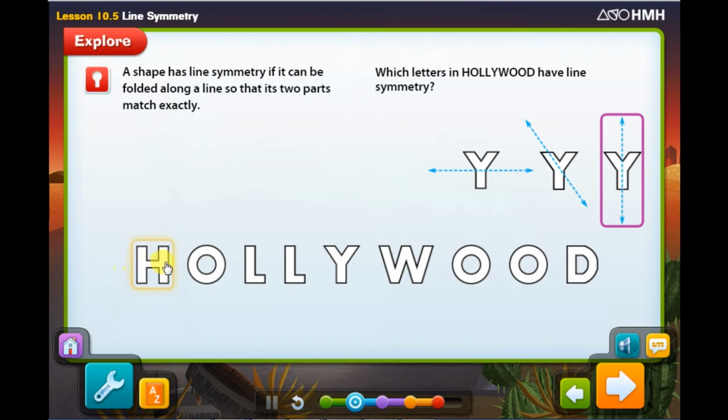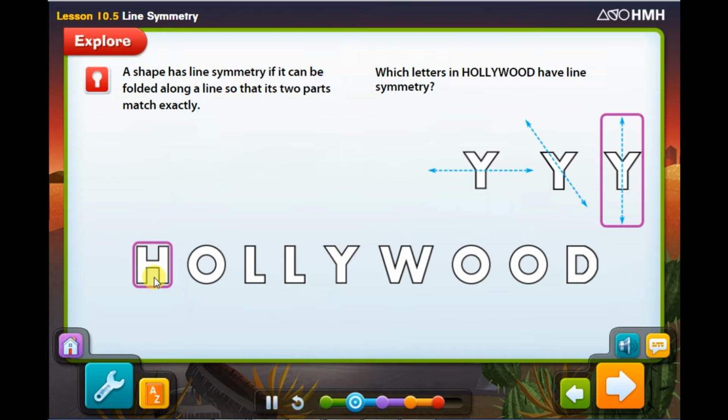If I put the line of symmetry horizontally, will it create two exactly matching parts? Yes, this upper part and this lower part match exactly. So I think it has two lines of symmetry. Yes, the H has line symmetry.